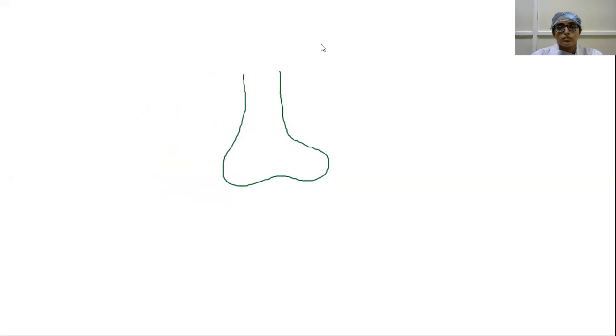And what do you have over this osteochondroma? I am drawing it with blue color. What is it? That blue color structure in osteochondroma, please answer.